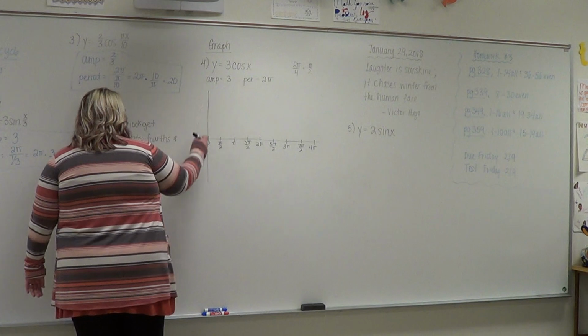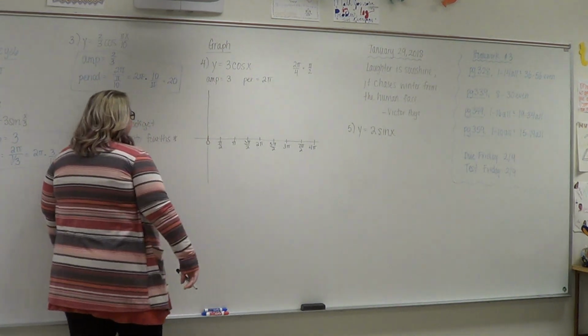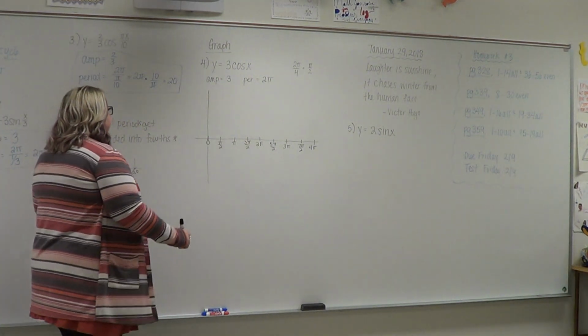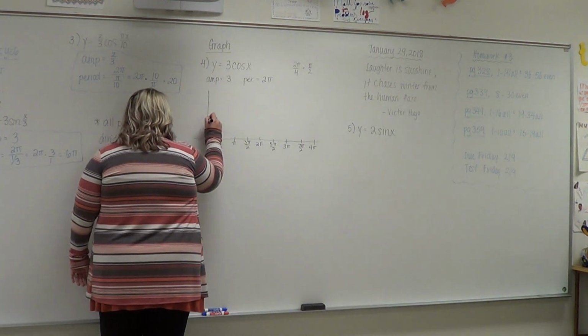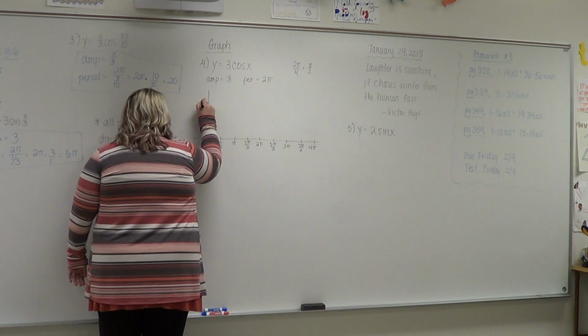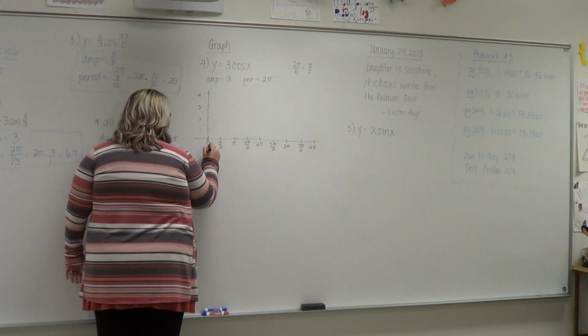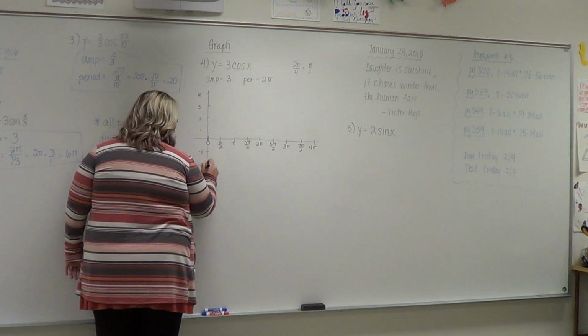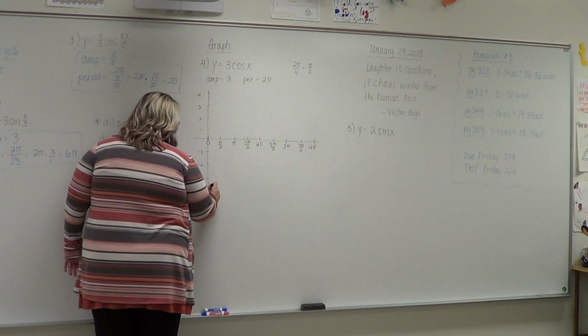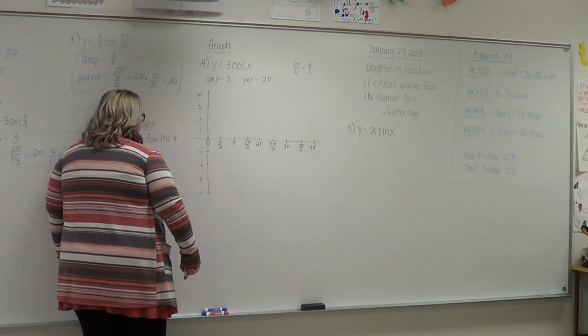Okay, then the y-axis, this deals with your amplitude. So my amplitude is 3, that means I need to go up at least 3. I usually try to go like 1 above, 1 below. So I'm going to go to 4 and negative 4.